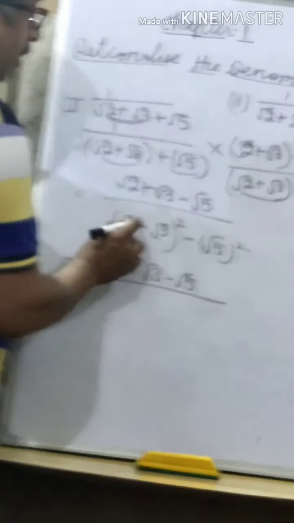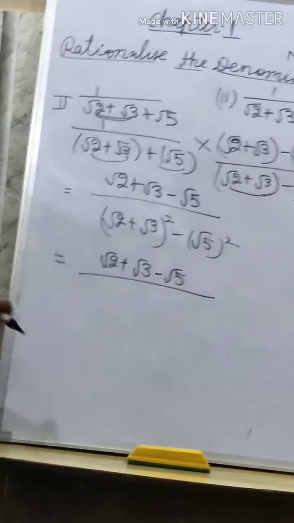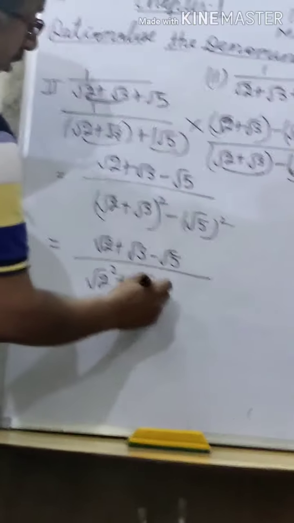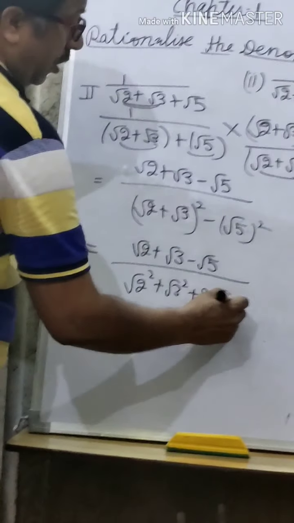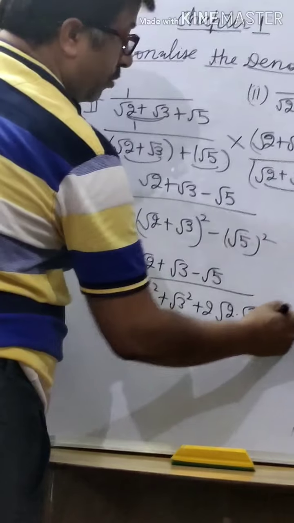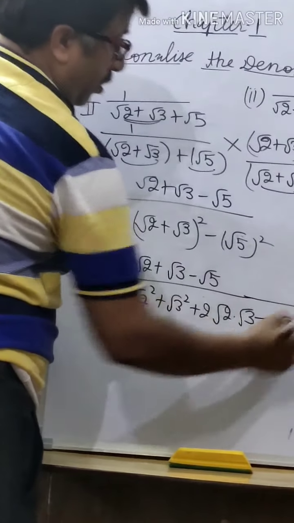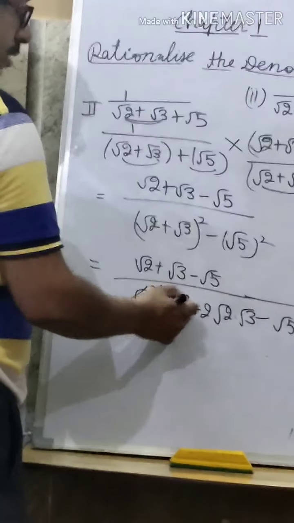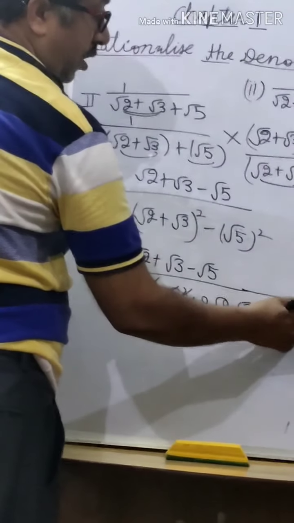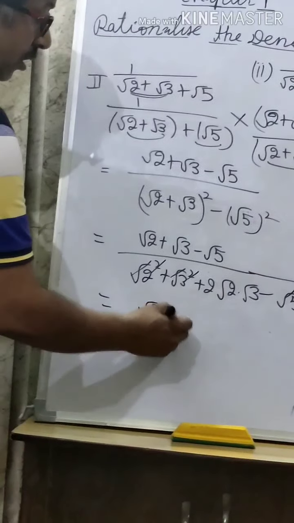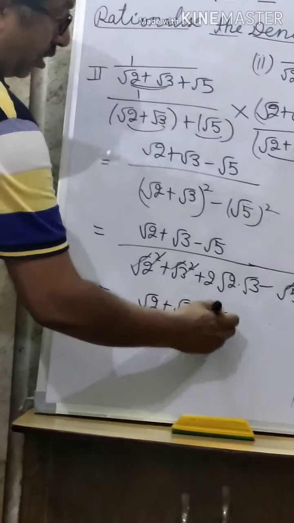So my dear friends, it is root 2 plus root 3 minus root 5. In the denominator a plus b whole square, so a square plus b square plus 2ab, minus root 5 square. The square root cancels, you know very well, from the exponents chapter also it was discussed.